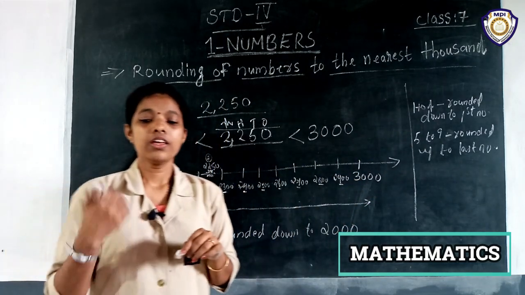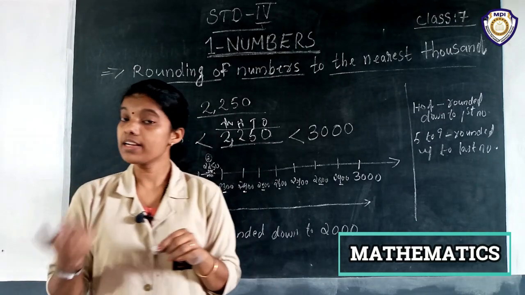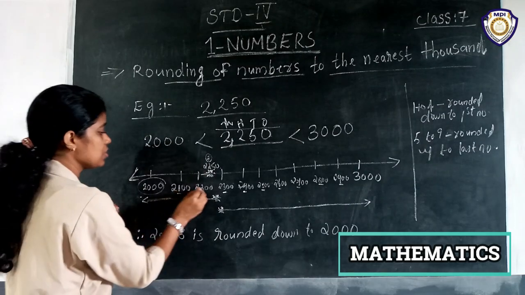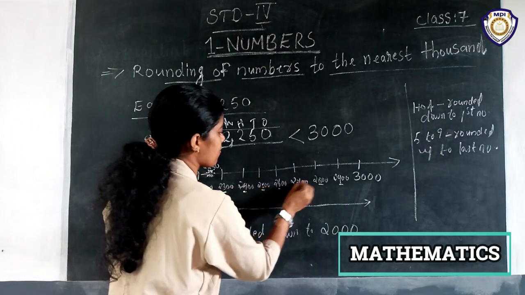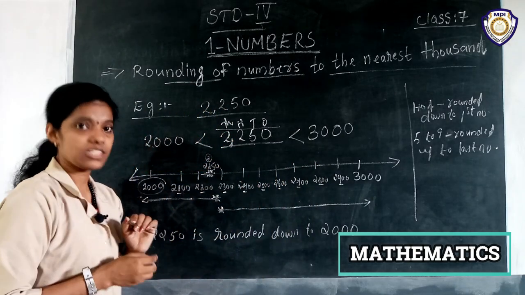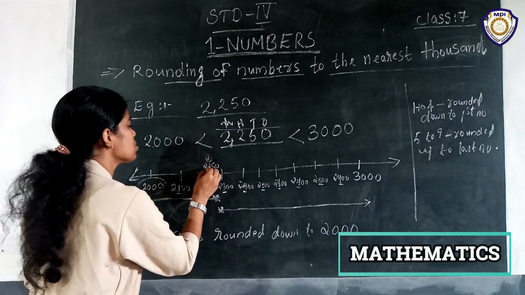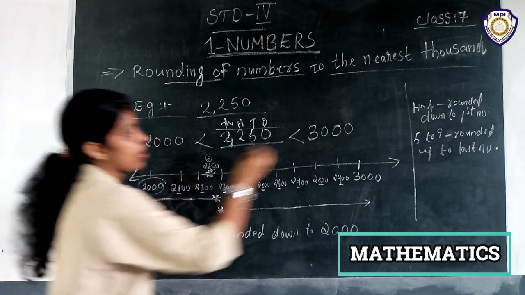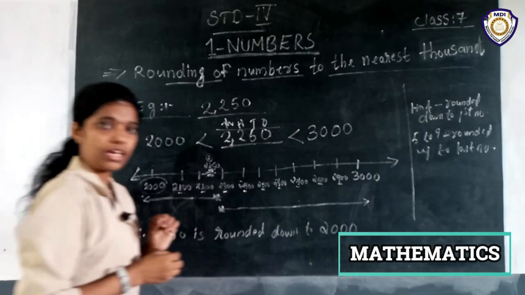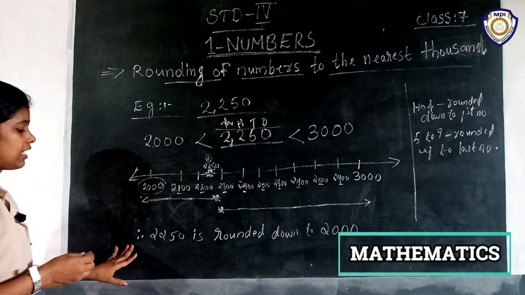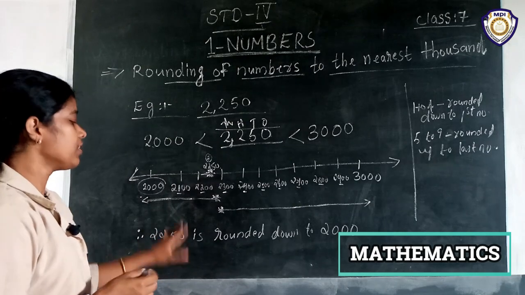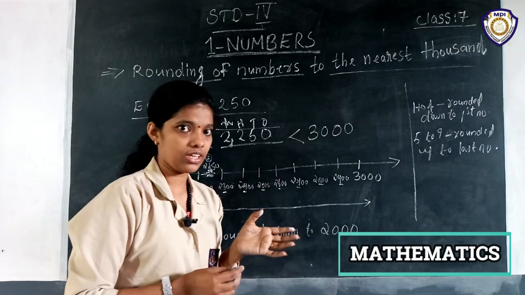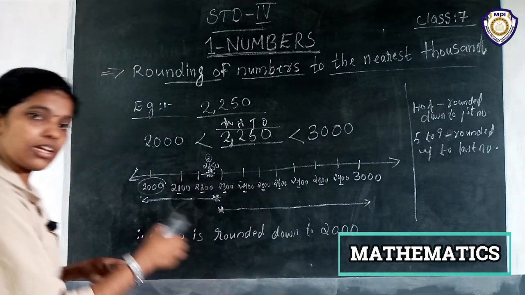Here we consider the digit in the hundreds place. Our number is 2250. 2 is in the hundreds place. First category, 1 to 4, rounded down. Therefore, 2250 is rounded down to 2000. Do you understand this?